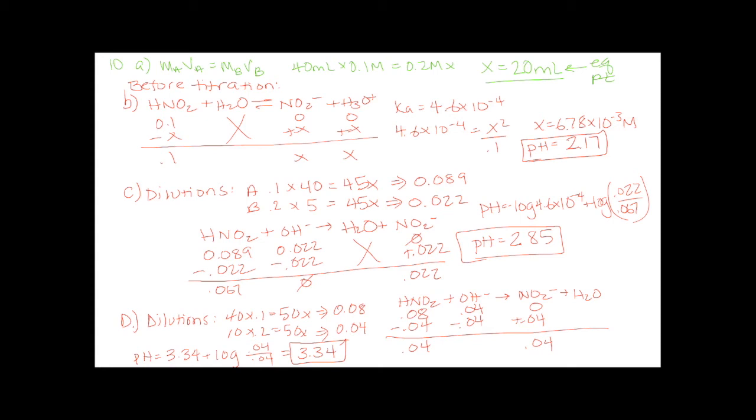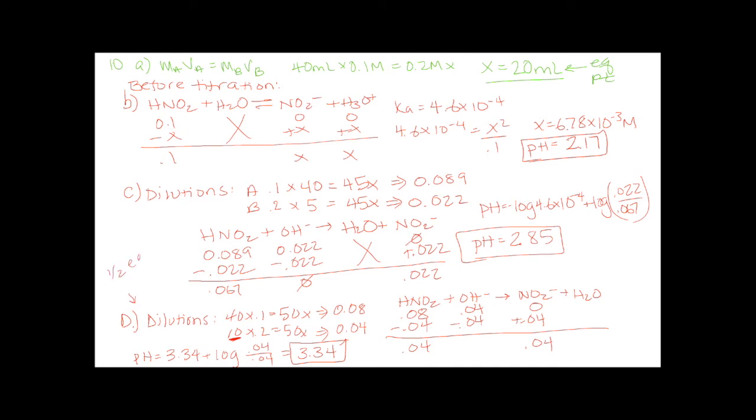Okay. D, I want to just point out because we're going to need this for labs, so you want to remember it. We are at half of our titration volume. We're at 10, which is half of 20. So we're at half equivalence point here.